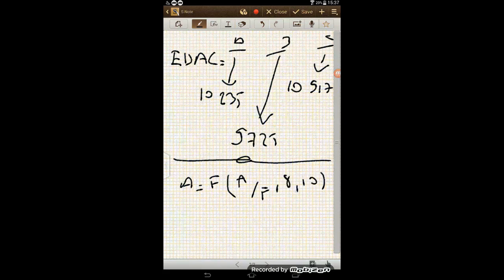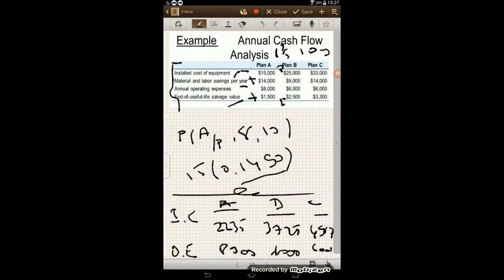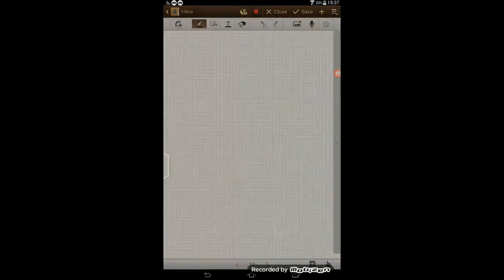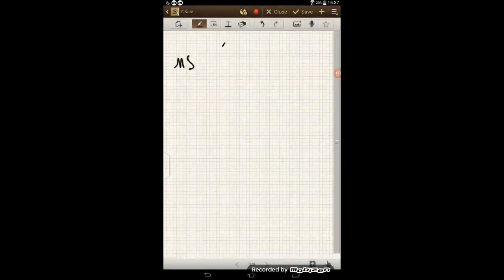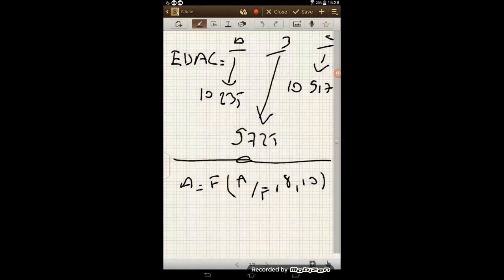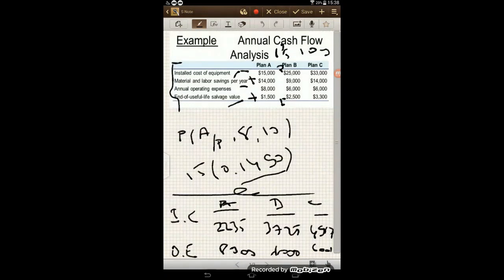Let's define it on another page. So material savings for A, B, C. Material savings are going to be 14,000, 9,000, 14,000, okay.